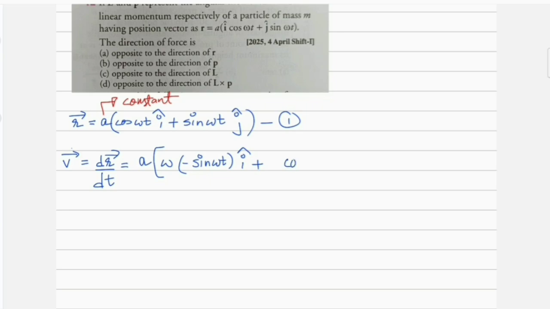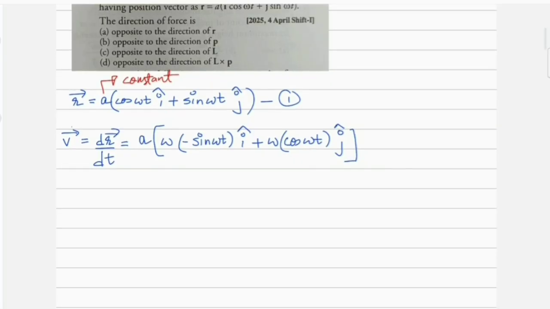It will be cos omega t into derivative of omega t, which is omega separately, multiplied by unit vector j cap as it is. So the simplified version will look like A times omega, I am taking common, inside the bracket minus sin omega t i cap plus cos omega t j cap. This is the formula for velocity vector v vector. This is my equation number 2.